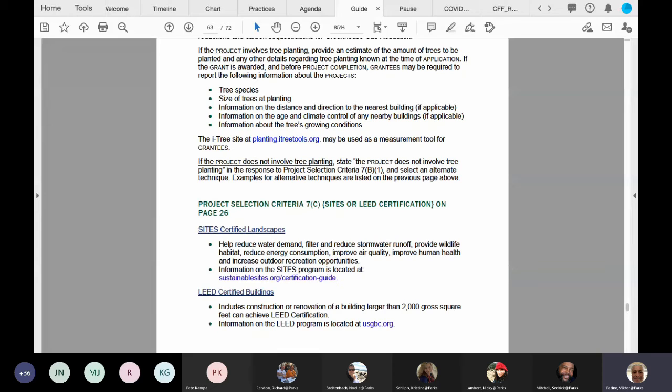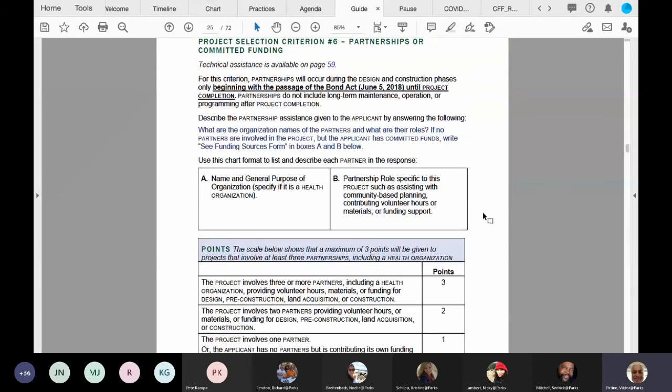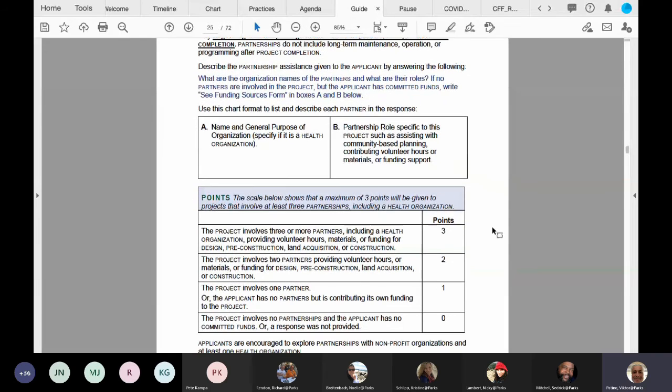We had one question about the partnership criteria, which goes back to criteria number 6, found on page 23. The question is, what qualifies as a health organization?